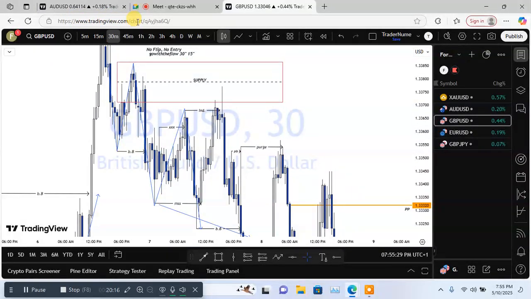If you have a smartphone, you can download the TradingView app on your iPhone, or on your Android phone. So just choose any pair. These are the pairs I trade: gold, Australian dollar USD, GBP USD, Euro USD, and GBP JPY.